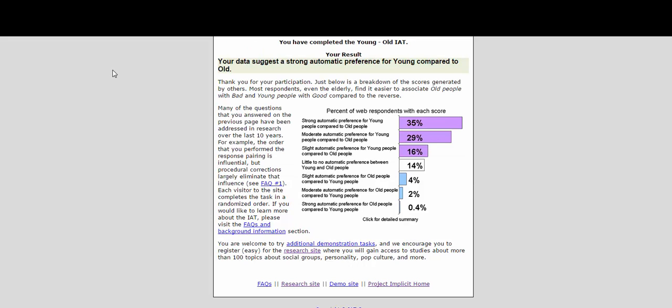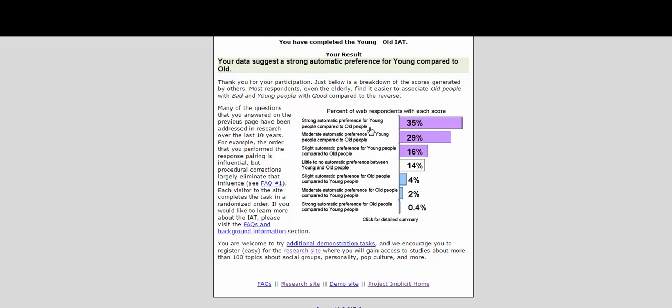Now, after you take the test, you will get a result. And when I took the test, I got this result. It says the data suggests a strong automatic preference for young compared to old. And it shows the statistics of how other people's results came out from this test.